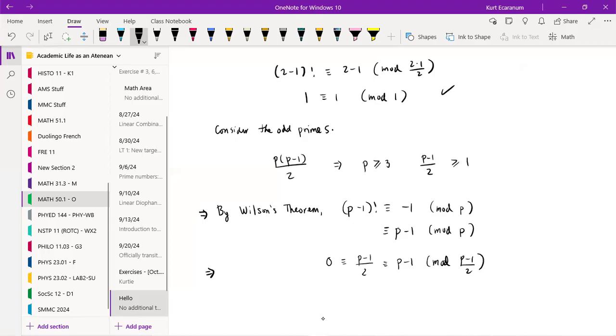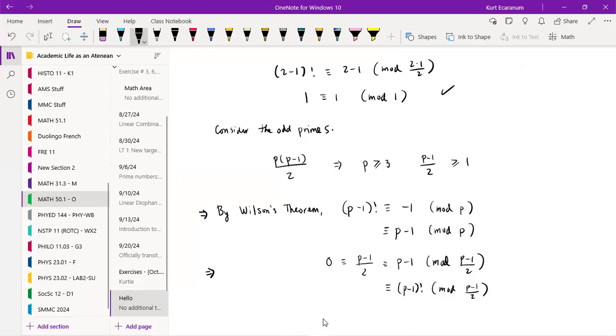So, again, if p minus 1 is a multiple, then it is just the same also as saying na (p minus 1) factorial is also its multiple. Okay?